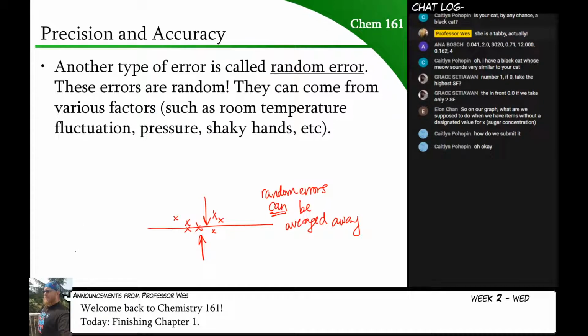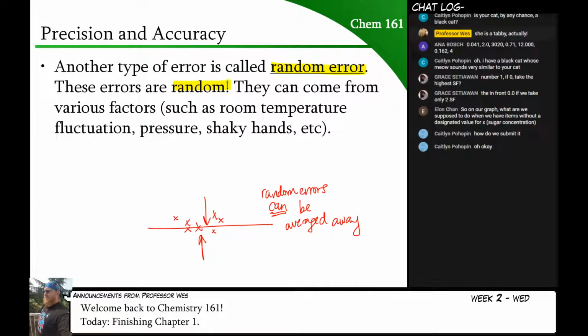Now, fortunately for us, systematic error is avoidable and random error is unavoidable. So if you do the experiment correctly, you will not have systematic errors, you will only have random errors. And then, if you do the experiment multiple times, you can average away that random error and have even less of it.